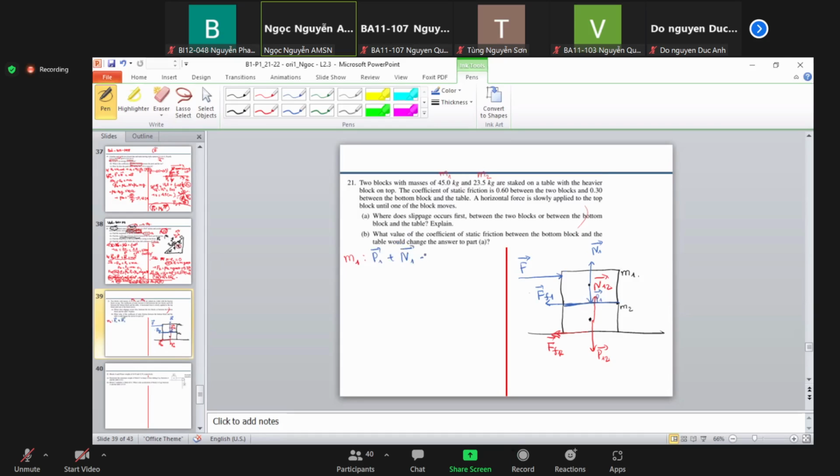Okay, and plus F1. Here is static friction, the maximum static friction. It means we will care about the static friction when the relative motion is 0. Okay, it means the object is at rest, so this will be 0. So if I call the direction here positive to the right like this.